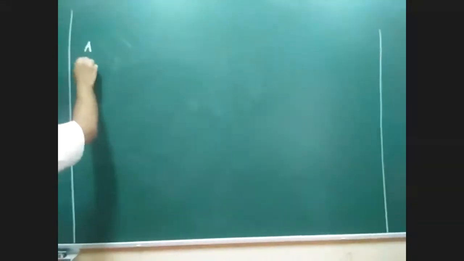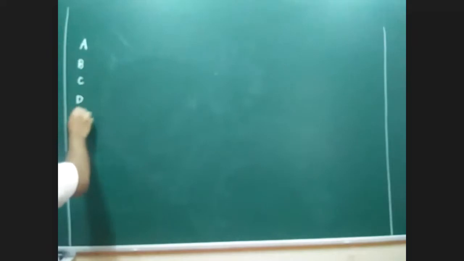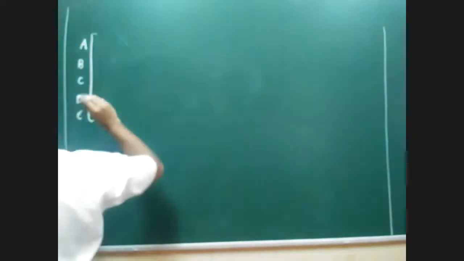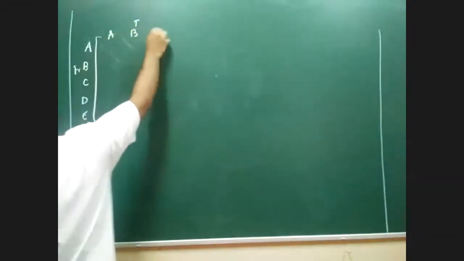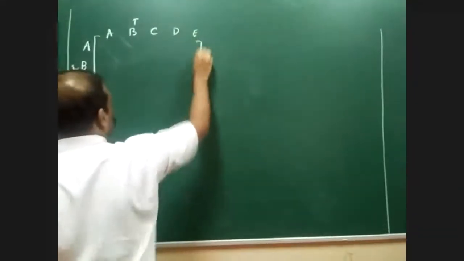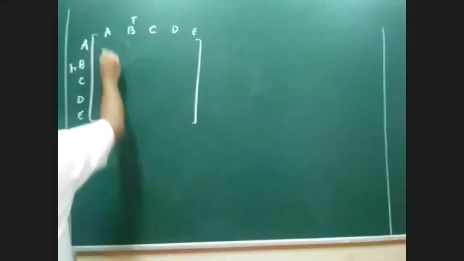There are 5 cities A, B, C, D, and E. So this is the matrix given to you.